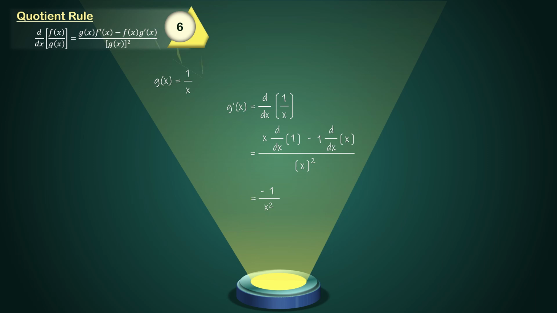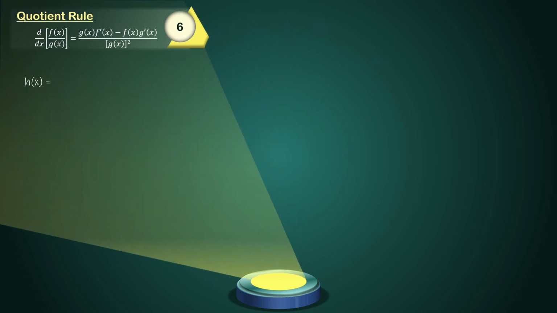Another example. Find the derivative of h of x equals x plus 1 over 2x minus 3. Take the derivative.